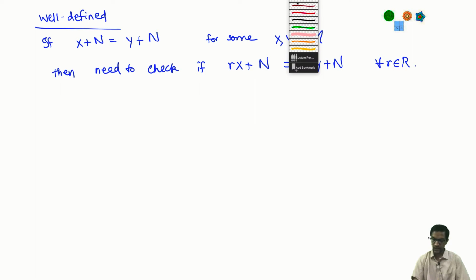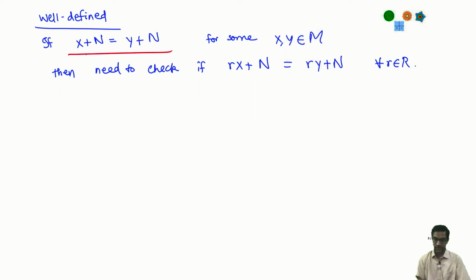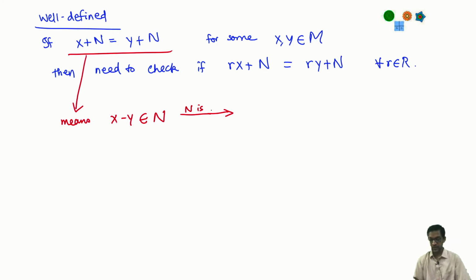So what does it mean to say that x plus N equals y plus N? Well, this means simply that x minus y is an element of N. Now N, remember, is a submodule. So now we use some of the hypotheses. N is a submodule, which means it's closed under scalar multiplication. So I can multiply this element x minus y by the element r, and what I get must again be an element of N. We're almost there.